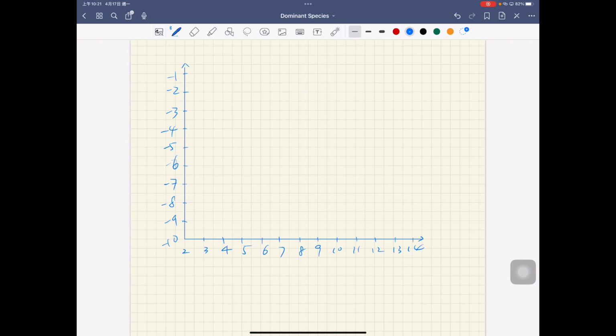Okay, so the first line will be 7, 7 is this point, right? I'm going to draw which one? The H plus is from 2 like this. I'm going to do it like this.